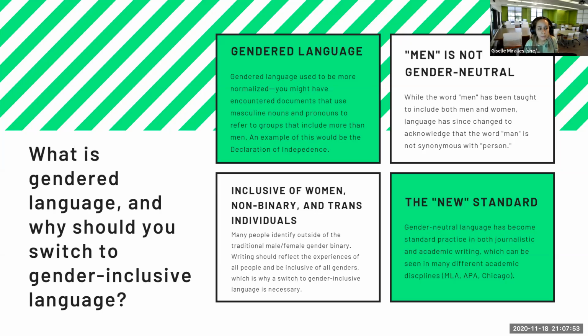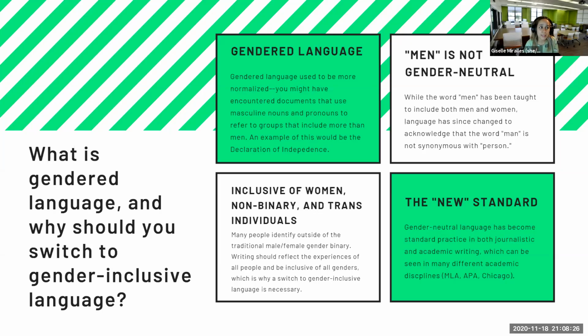There are many people who identify outside of the traditional male female binary, and writing should really reflect the experience of all people, and it should be inclusive of all genders. So that's why it's really necessary that we begin to switch over to gender inclusive language in order to be more mindful of people who don't identify as man or woman, or even to be more inclusive of women, since the word man traditionally leaves women out.